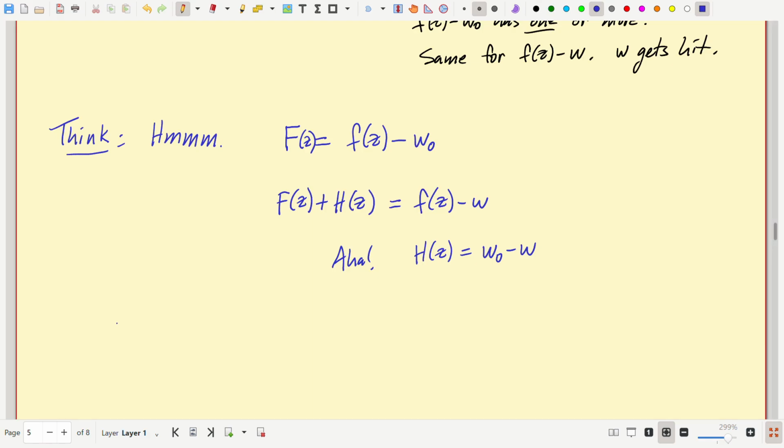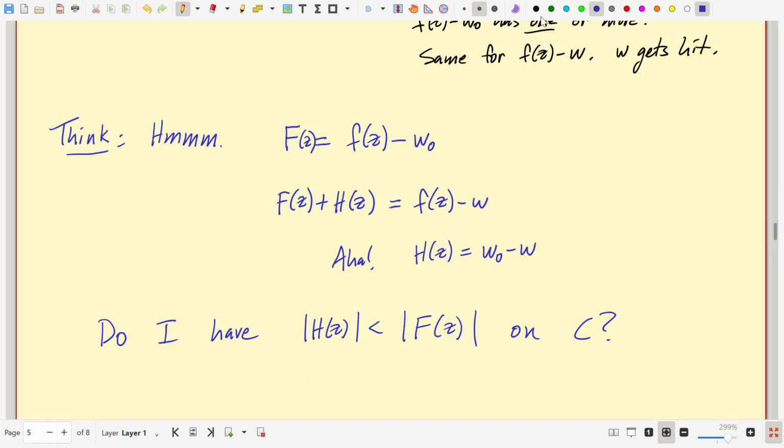Okay, so do I have modulus H of z less than modulus F of z on the circle? Let's see, that would mean I would need modulus w naught minus w less than modulus f of z minus w naught on the circle.